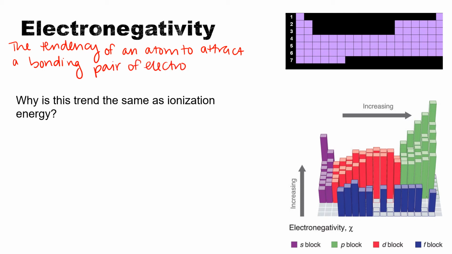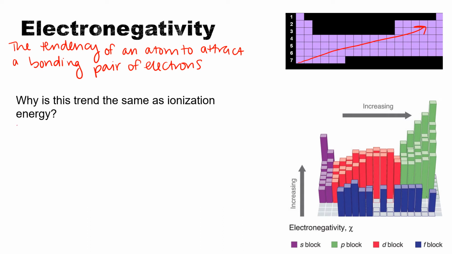Or even more simply put, the tendency of an atom to gain extra electrons. And so when we're looking at this trend, we are going to see that it is actually the same as the trend for ionization energy. And what we want to be thinking about is, why do we think that trend is going to be the same as the one for ionization energy?